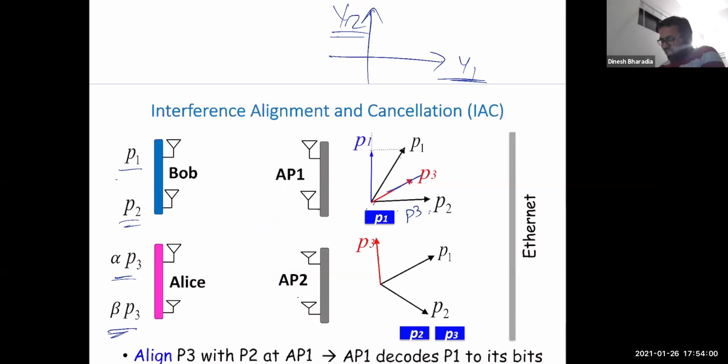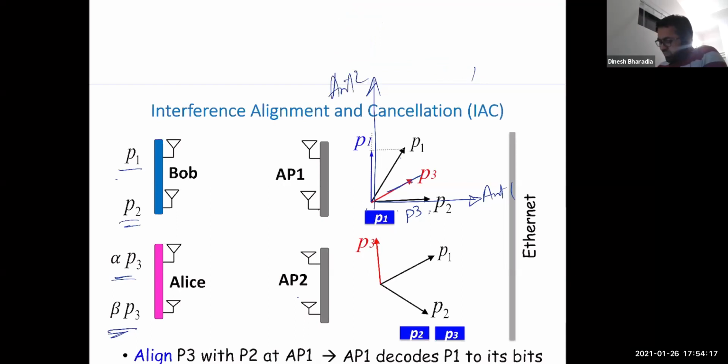The simplest way to think about it is that first you understand that this is a space dimension. So I'm drawing here, this is your received antenna 1, and this is your received antenna 2. Now, whenever you send any packet, it has a certain contribution on each of these receiving antennas.